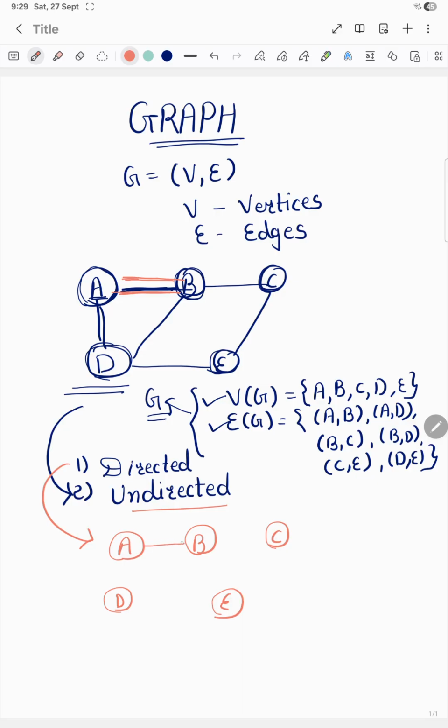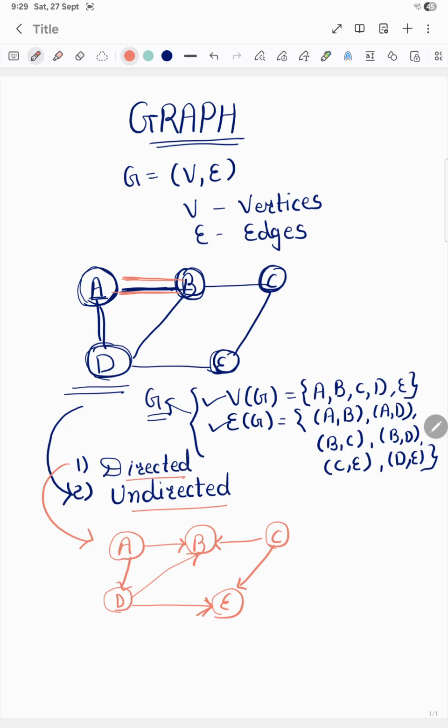So let us say from A to B, then A to D, then D to B, then D to E, then C to B and C to E. So here my edges are representing the direction, and I can mention this is my directed graph.